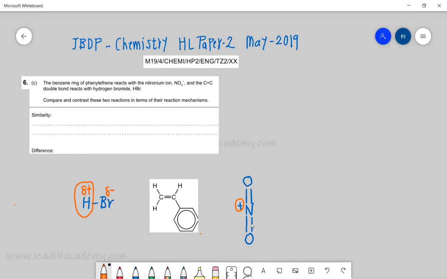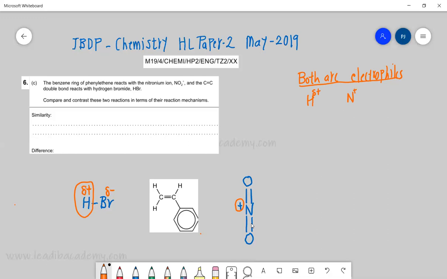Both are electrophiles. What is meant by electrophiles? That means they are deficient in electrons and they are looking for something which is rich in electrons. Both, H delta plus as well as N plus.